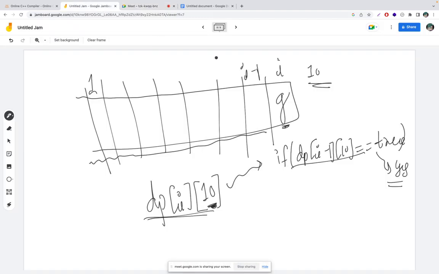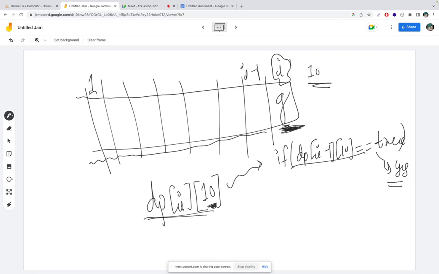Now say this was not possible. What was the other way? In this way, we include the index I; in the first option, we did not include it. We ignored this index.